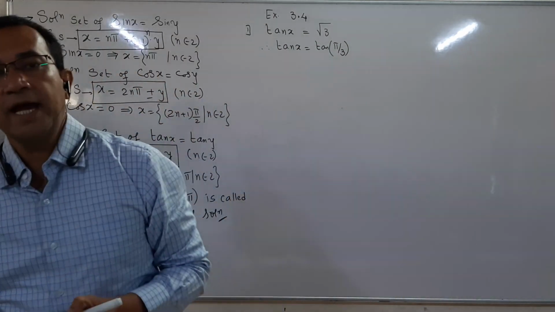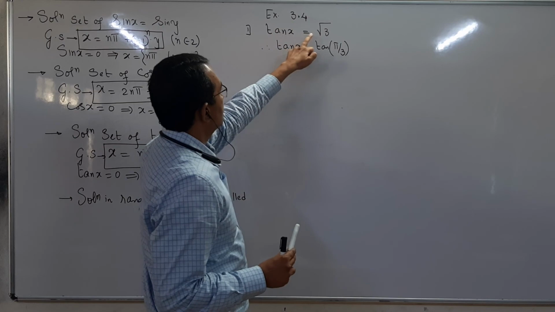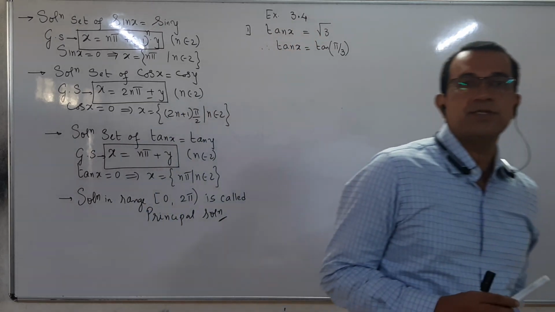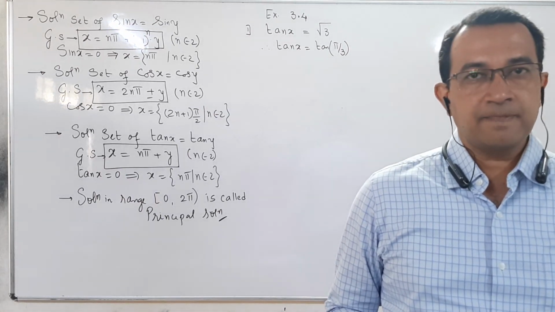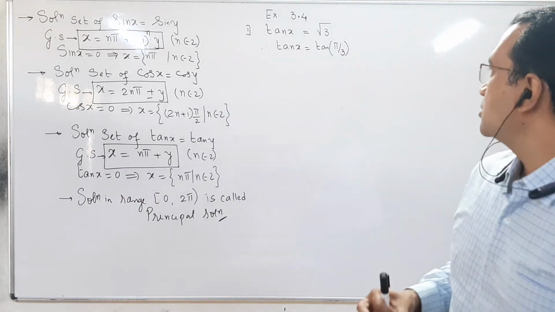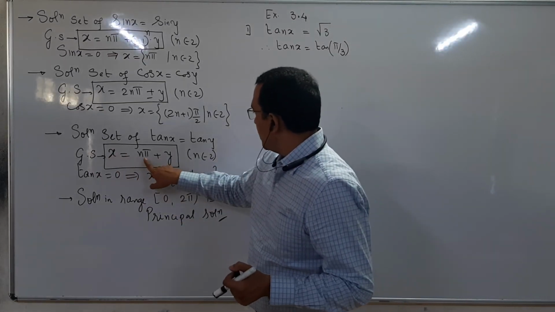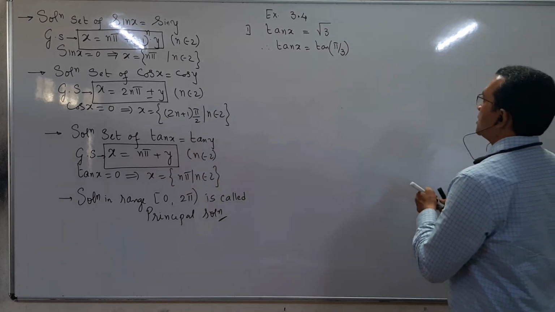So we have converted this equation tan x is equal to root 3 into the form, students, tan x is equal to tan y. Now we write the general solution. The general solution is x is equal to n pi plus y. Our y is nothing but pi by 3.